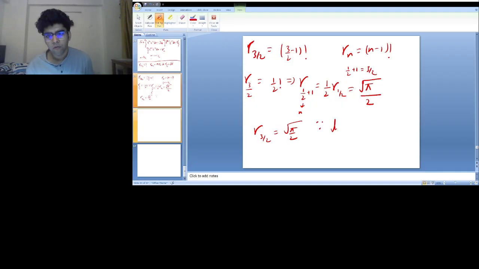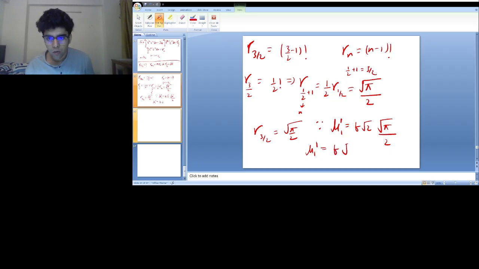Therefore my first moment with respect to the origin is b root 2 times root pi by 2. 2 and 2 goes away, I will be left with this root 2 and 2 gets cancelled.